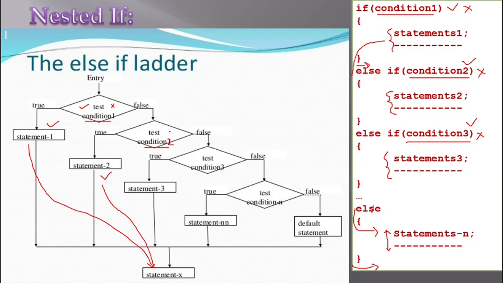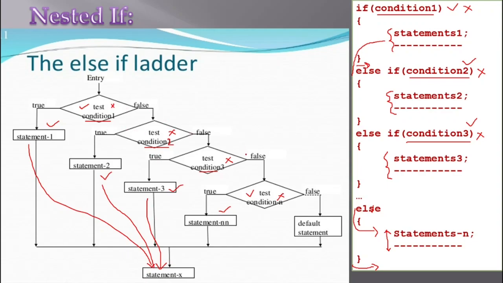And if this is also false, then it will come to condition 3. If it is true, then this will run and the control comes out of the else if ladder. And if it is also false, then the control comes to this part. If this is true now, then this will run. If it is also false, then what is the meaning of it?